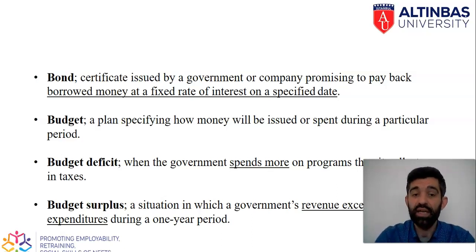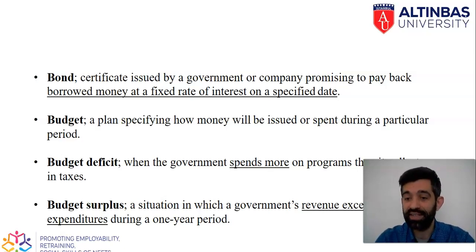Budget deficit. This is when the government spends more on programs than it collects in taxes. Many countries are facing budget deficit. There is a very limited number of countries having a budget surplus. So let's move to budget surplus.